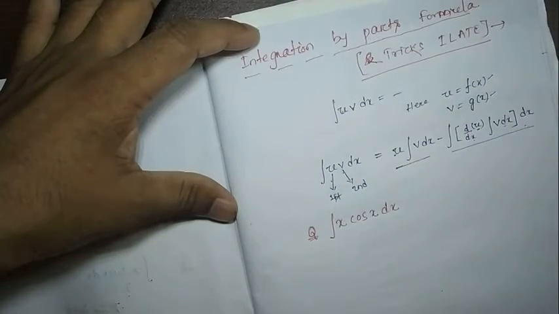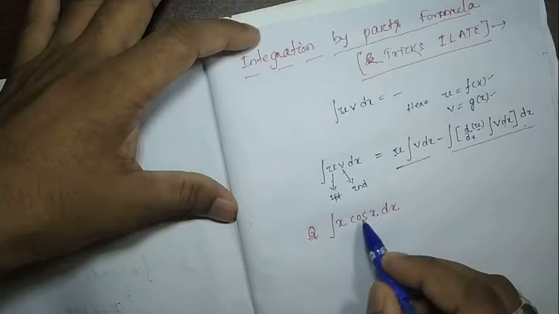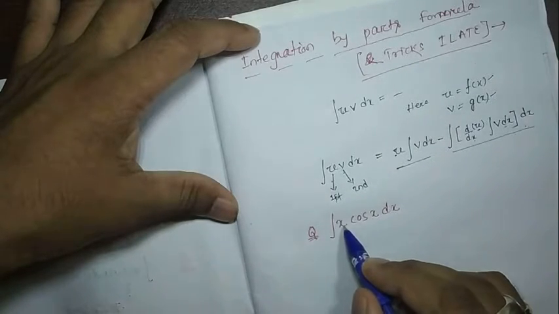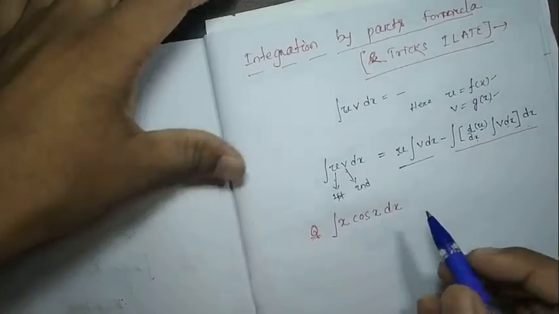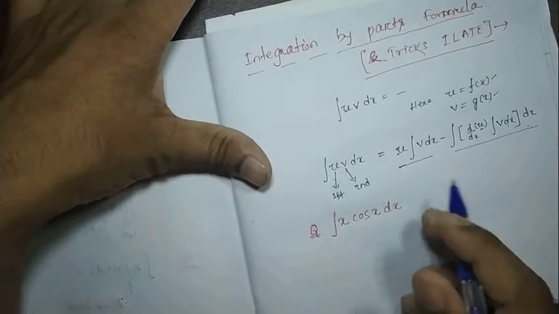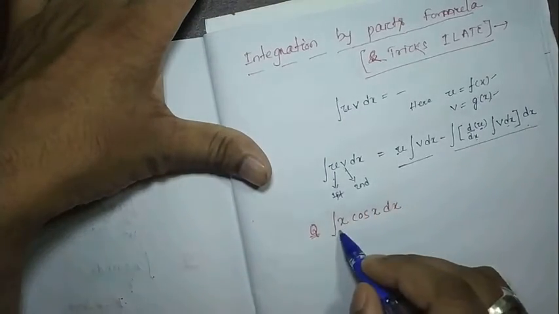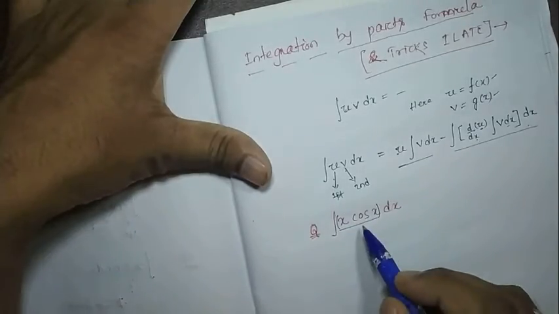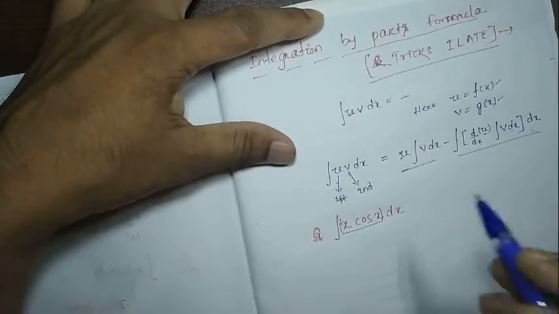Here we find two functions, x and cos x, both are functions of x, and both are multiplied with each other, that is x cos x and dx. So here we can use the by parts formula.